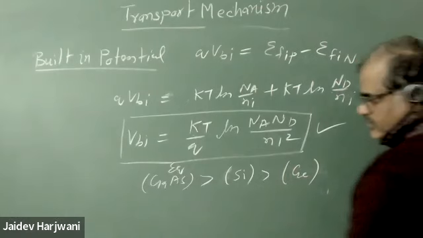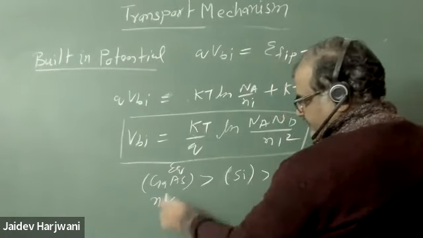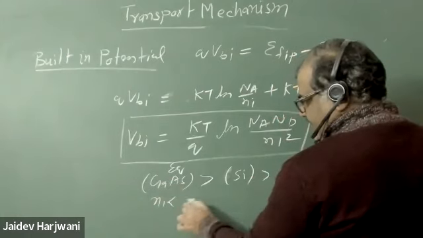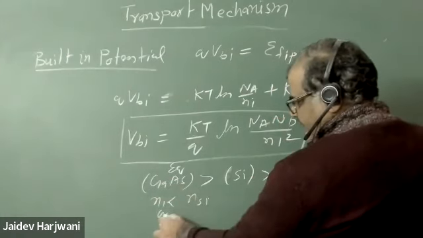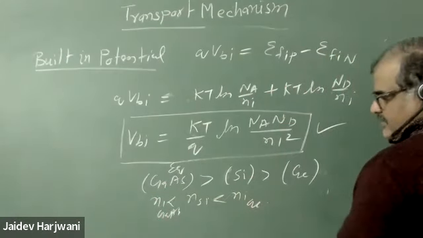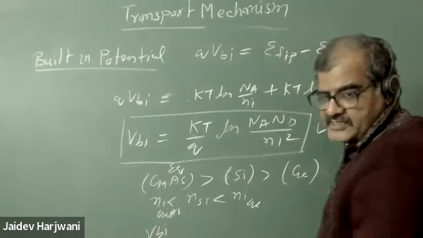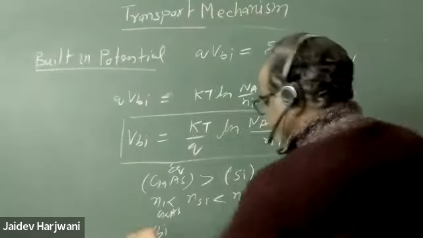So Ni is lower for this material than this material. Ni of gallium arsenide, Ni of silicon, and Ni of germanium: Ni of germanium is highest. So VBI is opposite. VBI is higher for gallium arsenide.